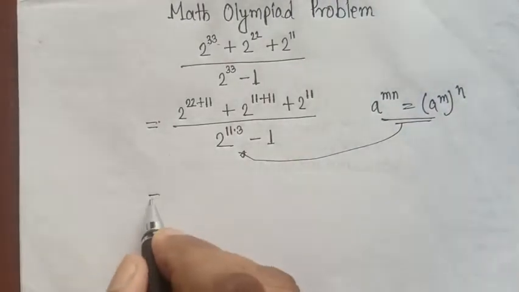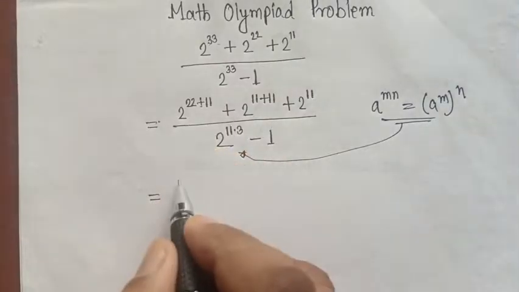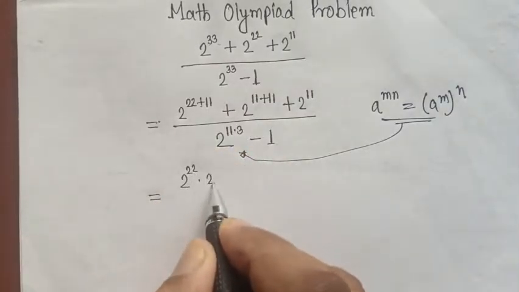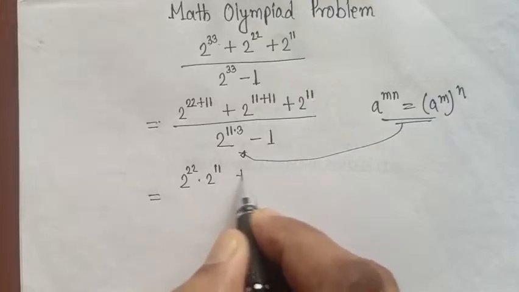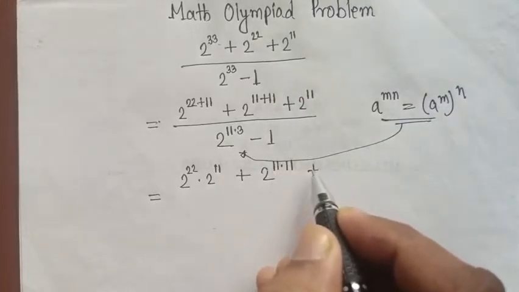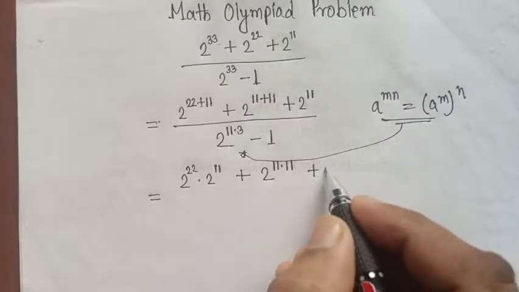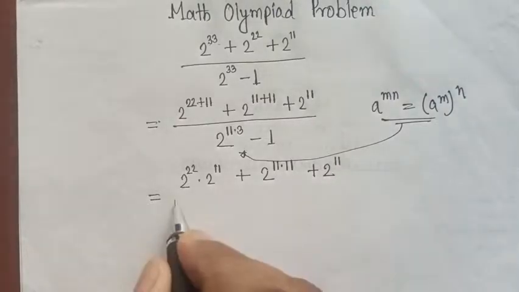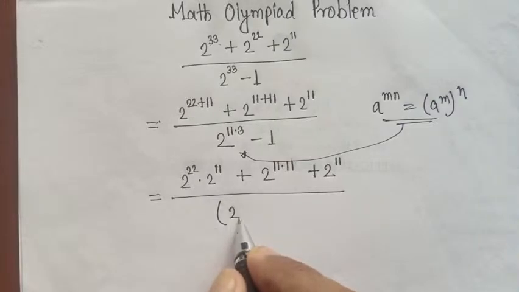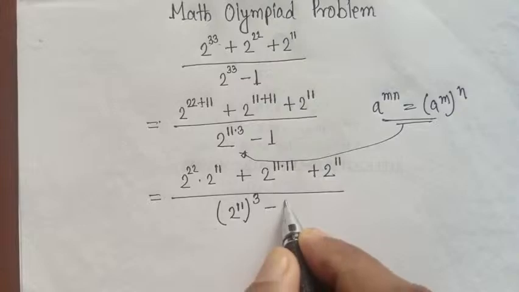Okay, so here we can write that 2 to the power 22, 2 to the power 11 plus 2 to the power 11 dot 11 plus 2 to the power 11 by 2 to the power 11 to the power 3 minus 1.